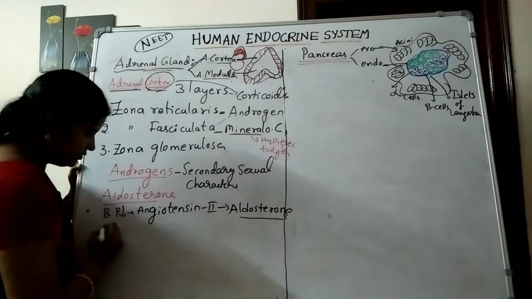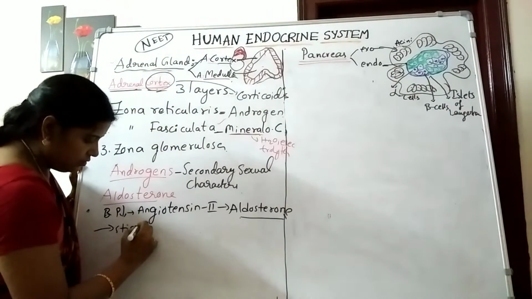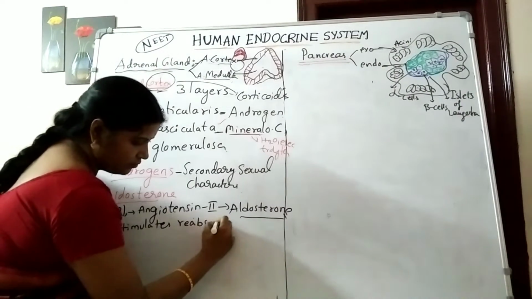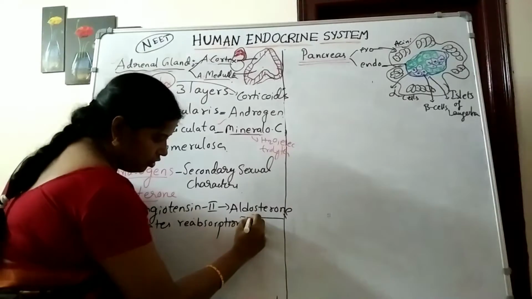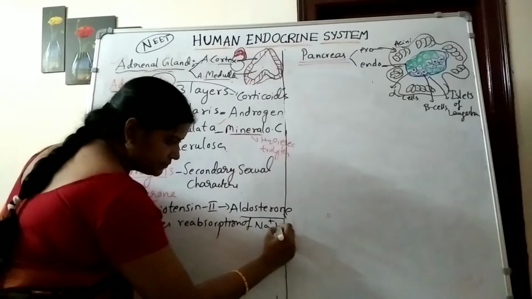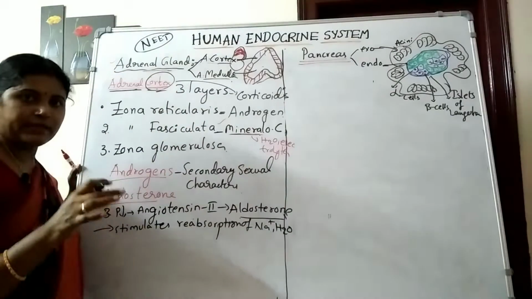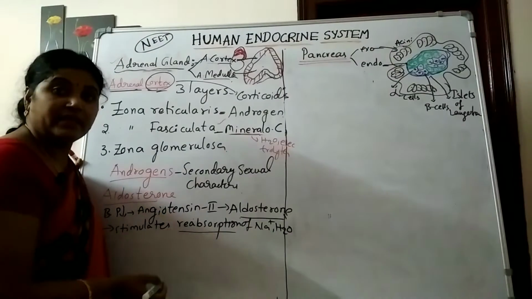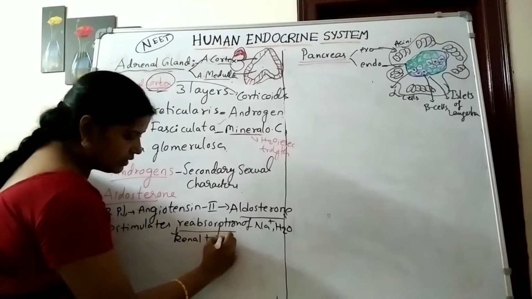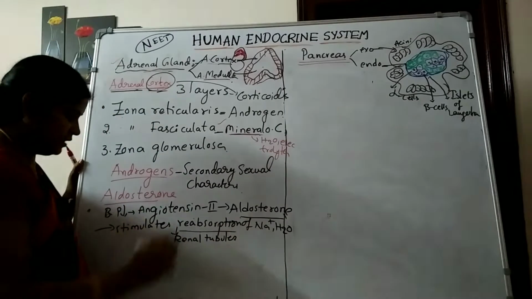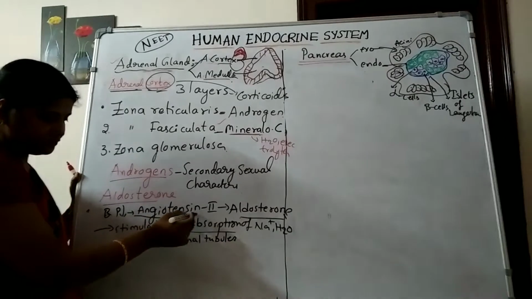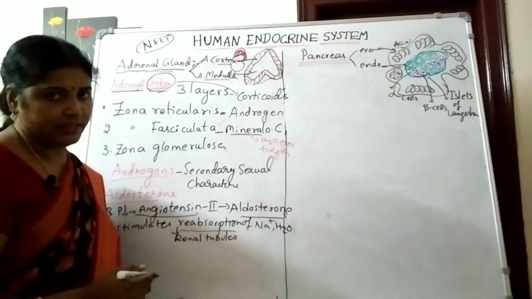This aldosterone stimulates the reabsorption of sodium, water and electrolytes. All the electrolytes are reabsorbed in the renal tubules. Where does the reabsorption take place? In the renal tubules. That is done by aldosterone, and for that release a factor is required, that is angiotensin 2.